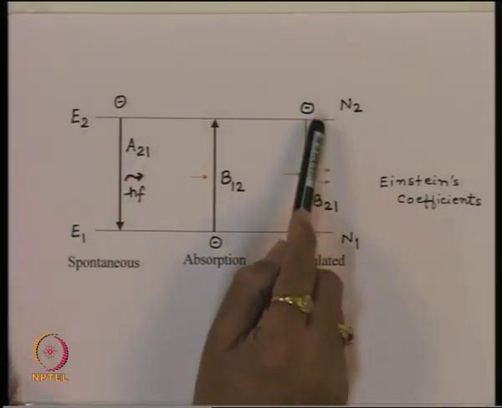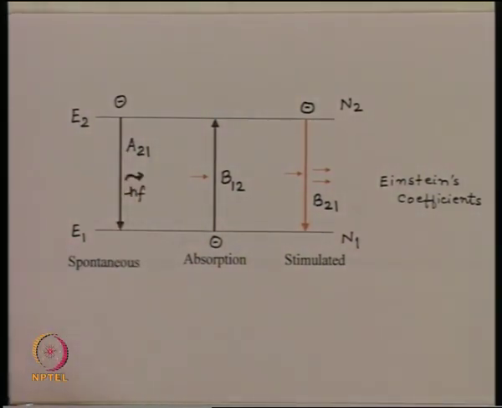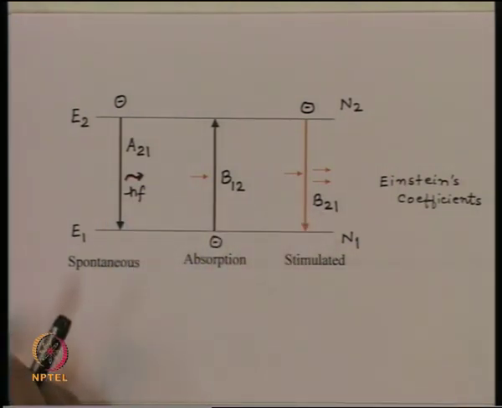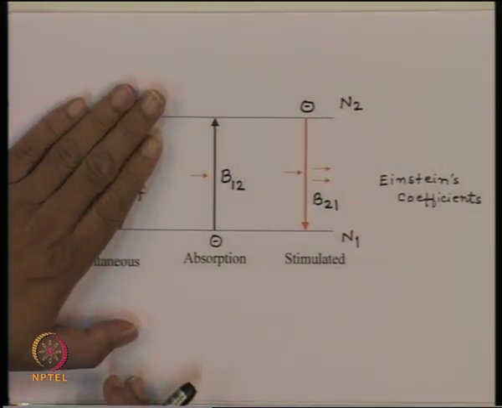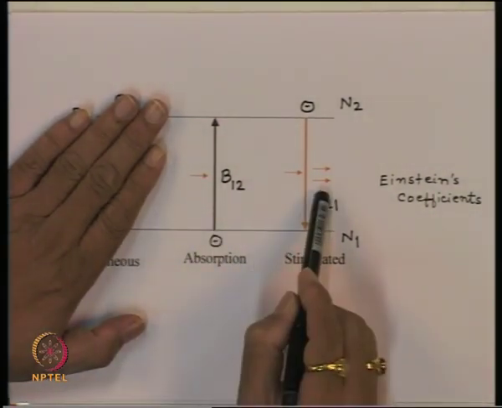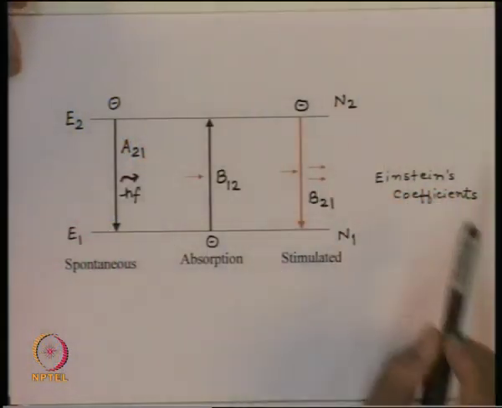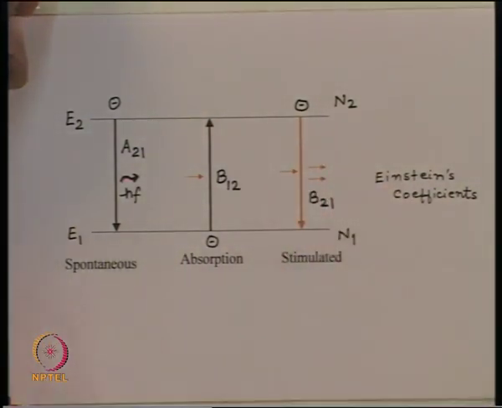There will be hardly any chance of these electrons to show the spontaneous emission. So now onwards, whenever we discuss the transitions, let us ignore this spontaneous emission. This we have already seen while discussing LEDs, and we concentrate only on these two processes, the absorption process and the stimulated process. So now what we find is that if you wanted to have a stimulated emission, then you must have population inversion. That means there must be more electrons on the upper level compared to the lower level.